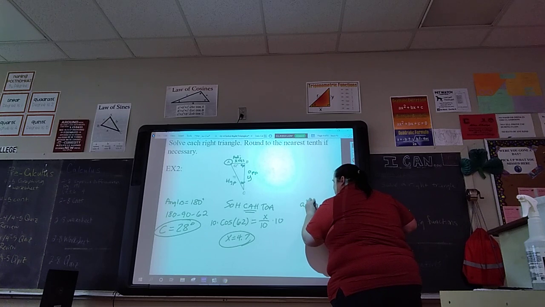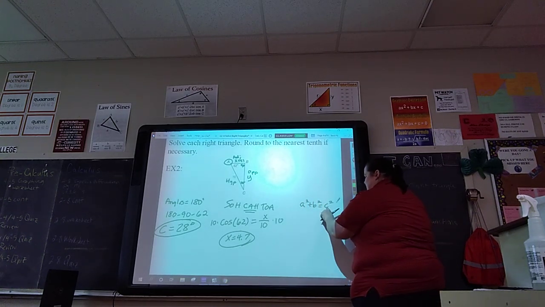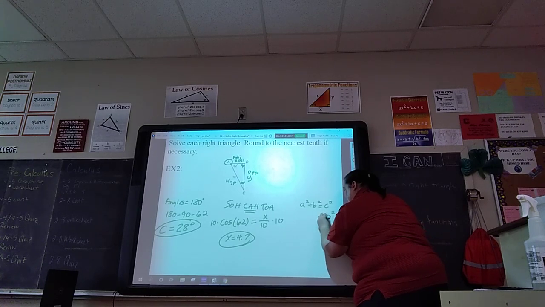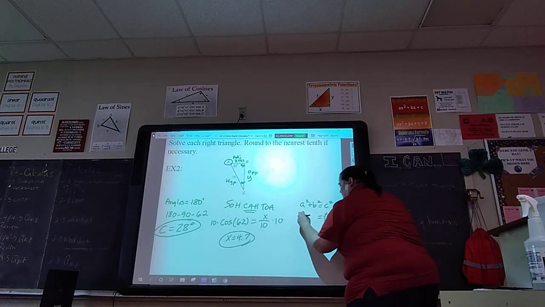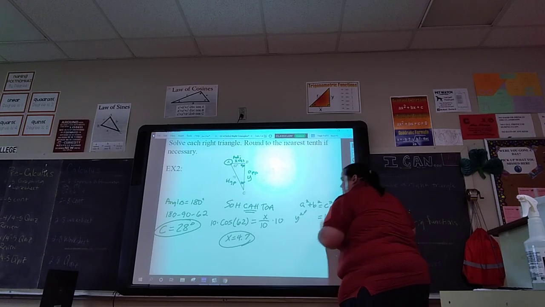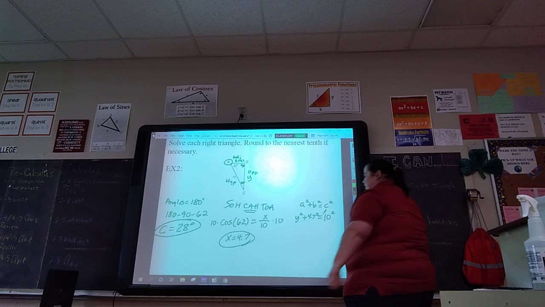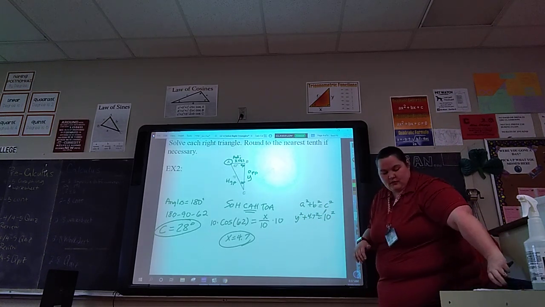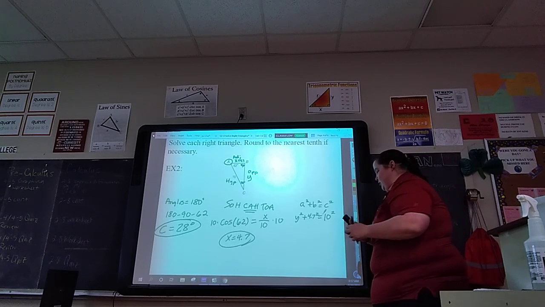So I'll use A squared plus B squared equals C squared. We know 10 is the hypotenuse, so 10 has to go in for my C, so I'm going to put that in there. And then I found my one side is 4.7. So I'm going to use the letter Y because that's what I have labeled as the side I don't have. So Y squared plus 4.7 squared equals 10 squared. I don't know what 4.7 squared is.